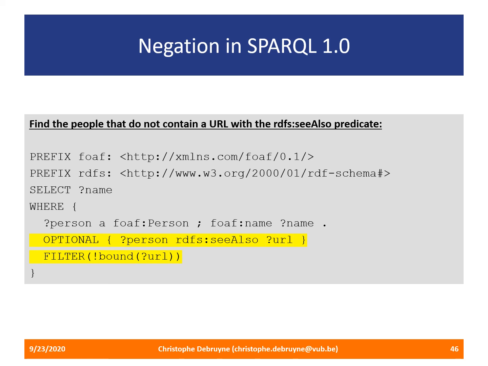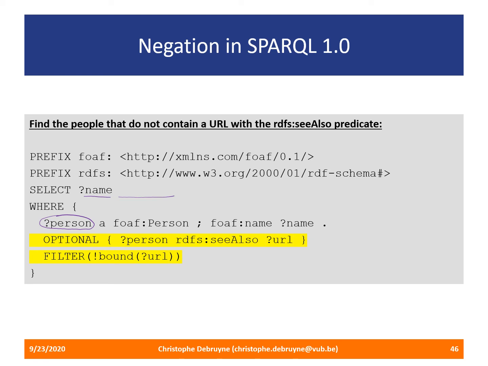So in this example, we want to find the people that do not have a URL associated with the rdfs:seeAlso predicate. We are looking to select their names, and we're looking for people and their names. And again, you might see that we're availing of a variable that we do not use here in the select construct.